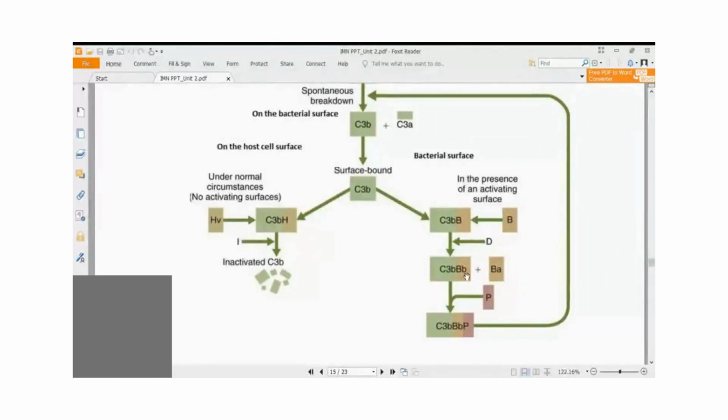Bb is derived after the breakdown of factor B by the action of factor D. Once the C3bBb complex is formed, it is stabilized by a component called factor P. P for properdin. Properdin is a factor.